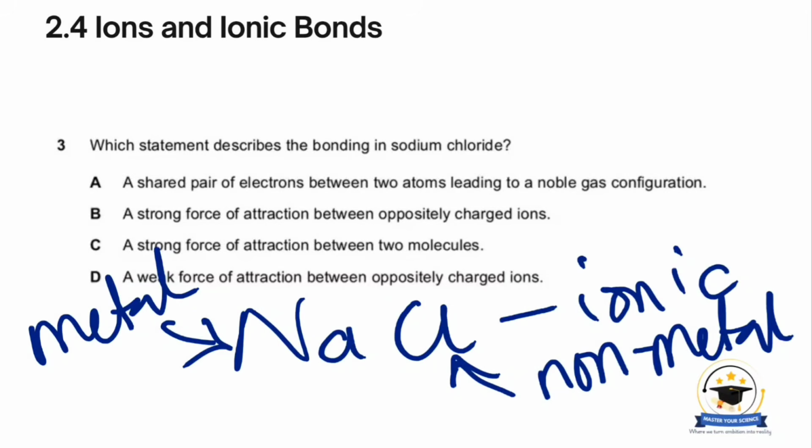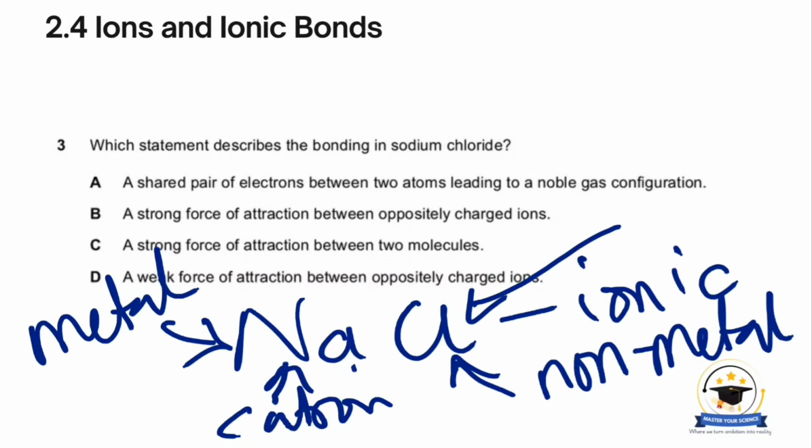call an anion. So in sodium chloride, sodium will form our cation, and chlorine will form our anion, which is the chloride ion.